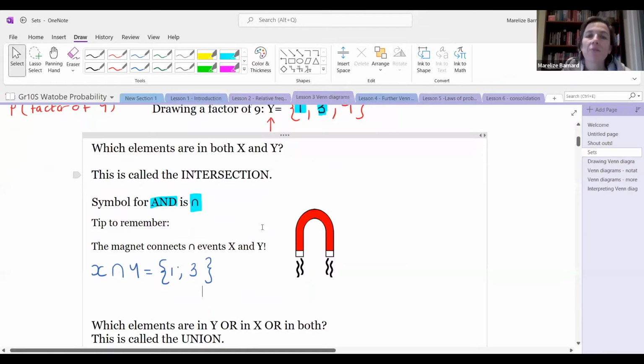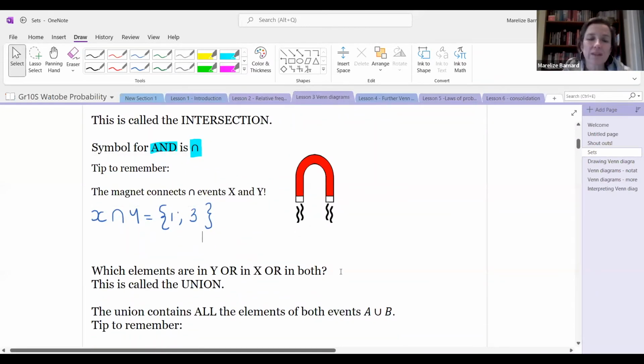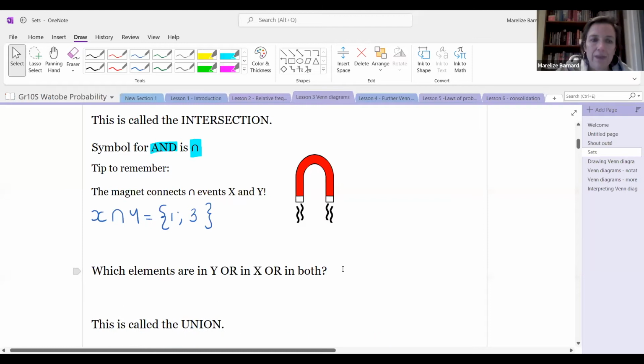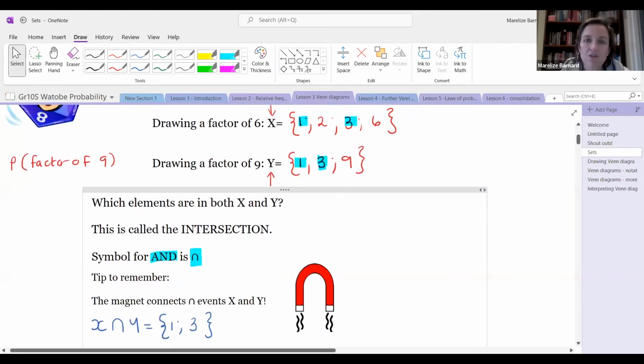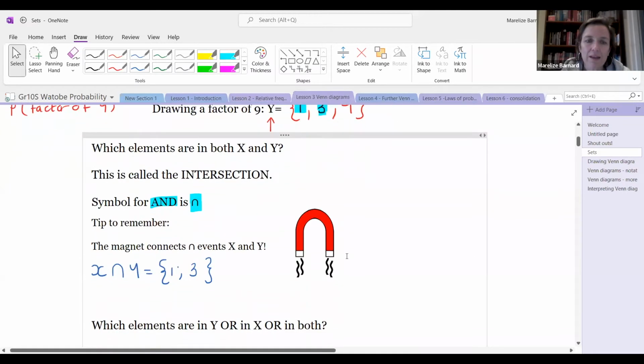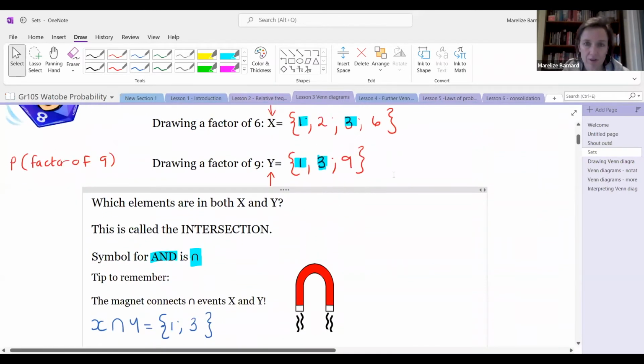Okay, right, now let's read this one carefully, and maybe some of you know it already. If we look at our two sets, X and Y, 1, 2, 3, and 6, and 1, 3, and 9, which elements are in Y or in X or in both?